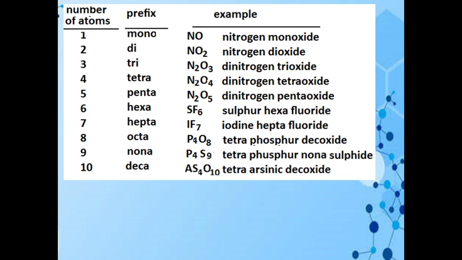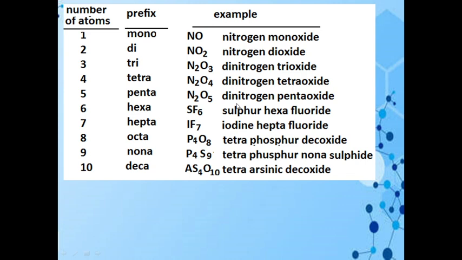Next, we have dinitrogen trioxide. Why? Dinitrogen trioxide is composed of 2 nitrogen and 3 oxygen, so trioxide. Next, we have dinitrogen tetroxide. As you can see in the formula, we have 2 nitrogen and 4 oxygen.